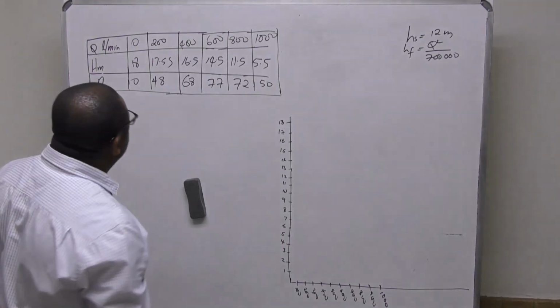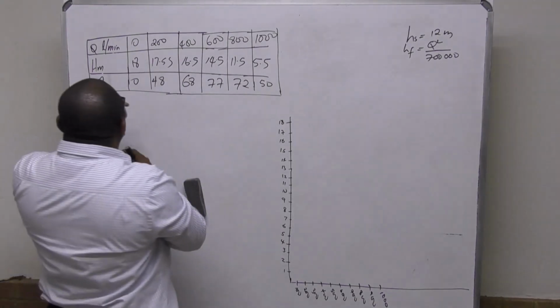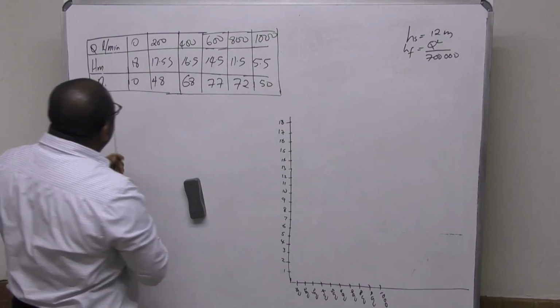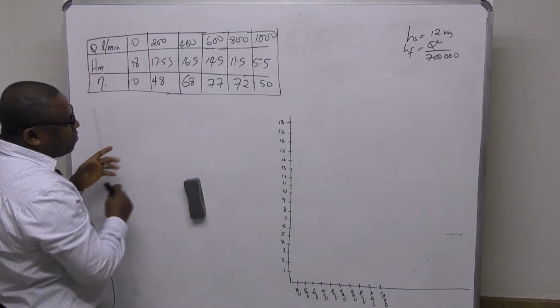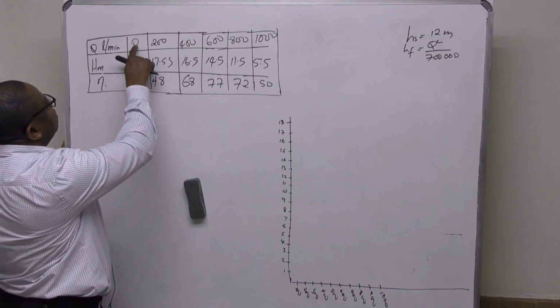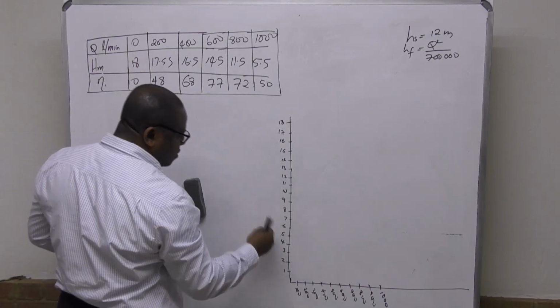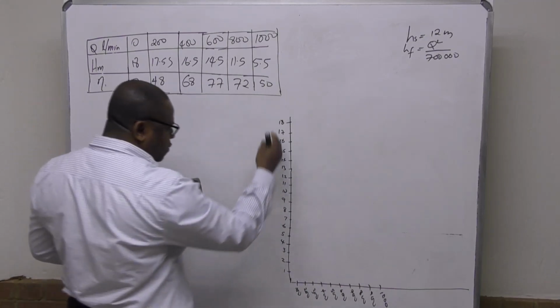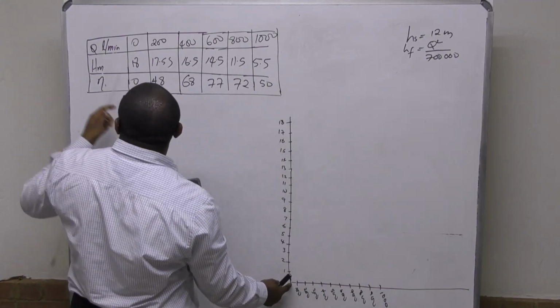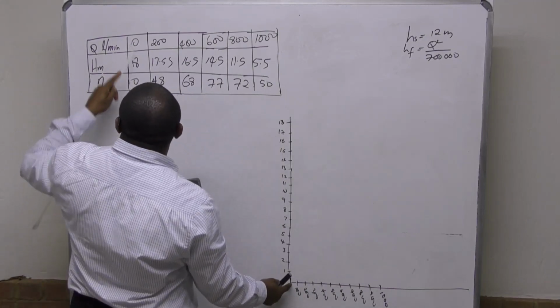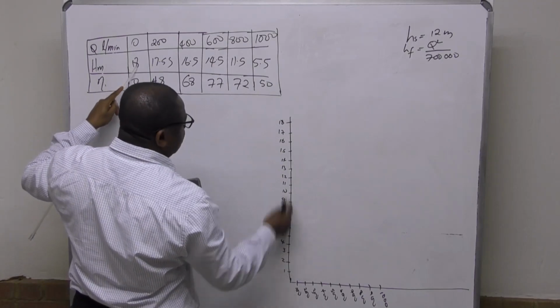Let's just plot the graph. I'll come to efficiency. Let's plot 0 and 18. This is head, this is flow. So 0 flow, 18 head.